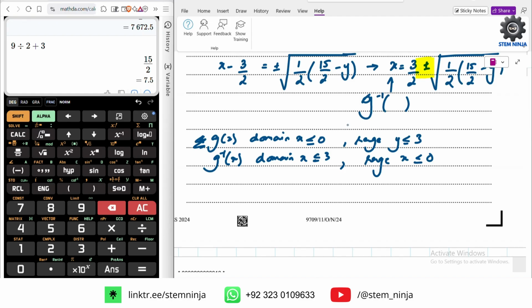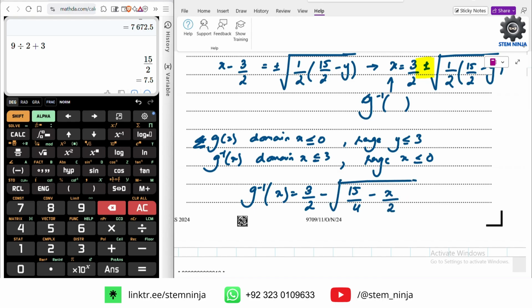So the range we already saw in the graph also. So this has to be minus. That's why finally g inverse of x equals 3 over 2 minus. We can multiply the one half inside, so you will have the square root of 15 over 4 minus x over 2.